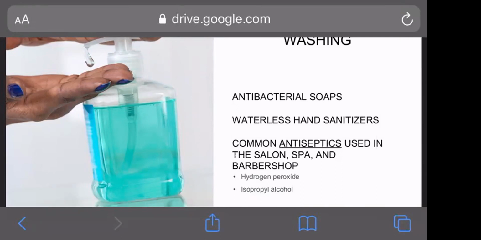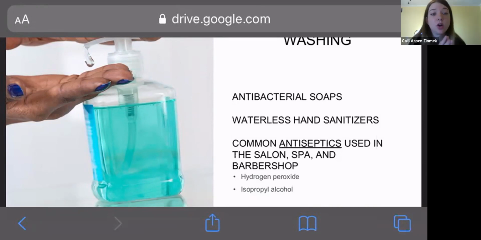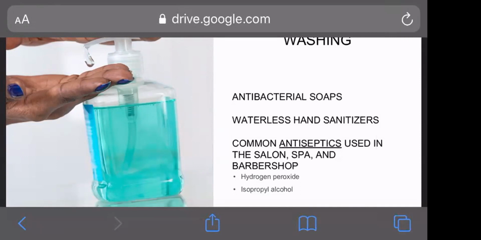But the reason that you have to clean it beforehand is because it gets rid of the physical debris, and then that's when you can actually clean it to get rid of those pathogens and bacteria that are on it that you can't see. So that's why you have to do it twice. So clean and then sterilize. Gotcha.